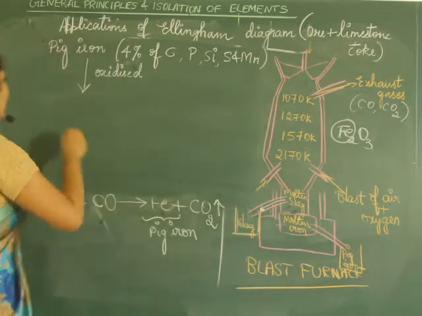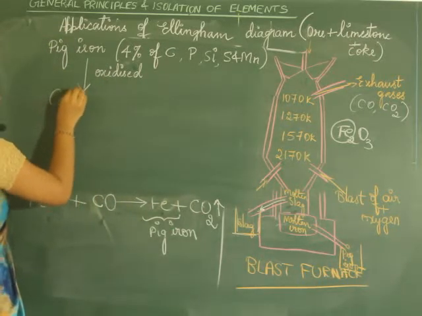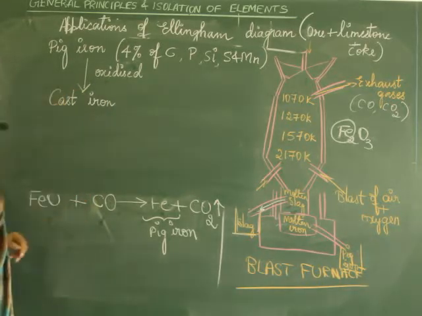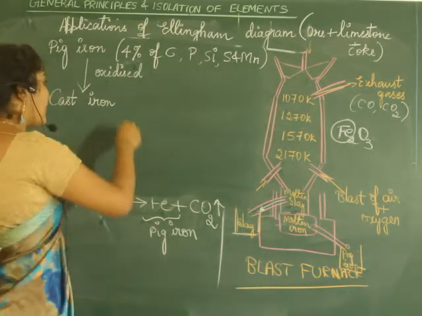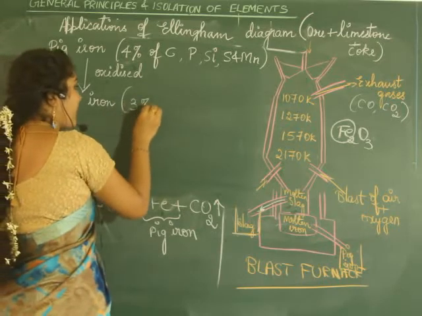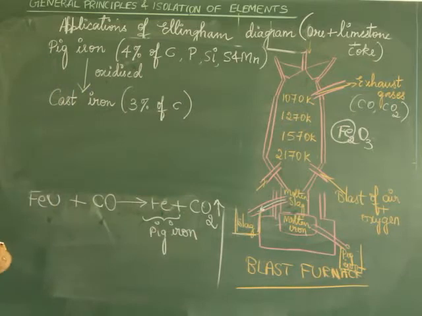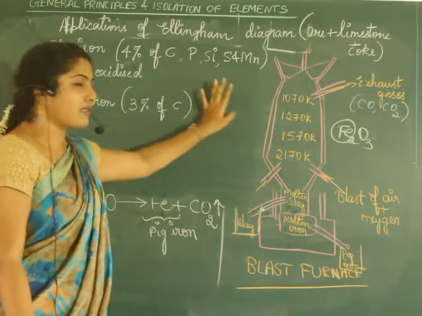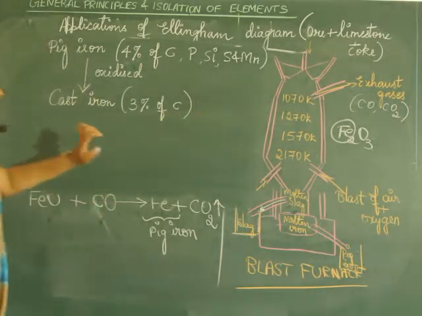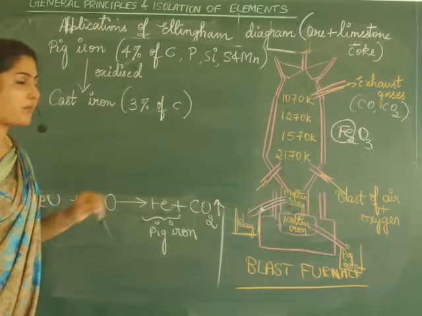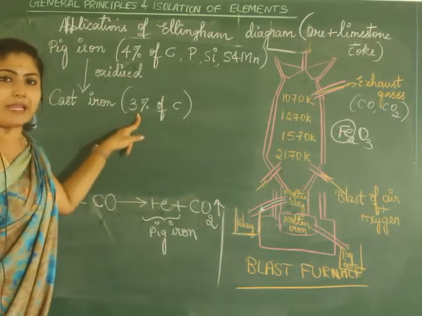Then you get a form of iron which is called cast iron. Now this cast iron contains 3% of carbon as impurity and other impurities are removed. Now still we have 3%, 1% has been oxidized and it has escaped. We have still 3% remaining, isn't it?